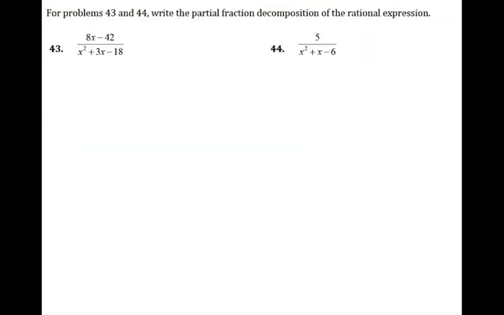All right, partial fraction decomposition. Okay, so I need to start by factoring my denominator. So that gives me x plus 6 and x minus 3. So I'm going to separate this into two fractions. I have A over x plus 6 plus B over x minus 3.